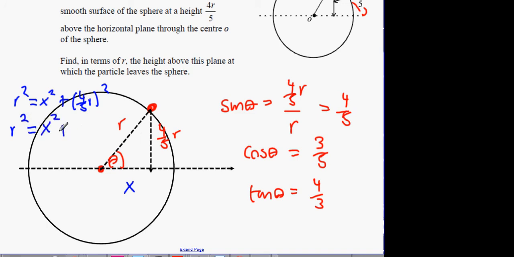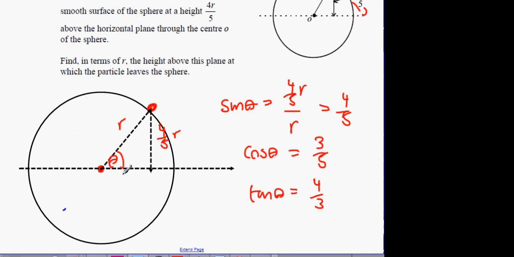Bring the 16 over 25 r squared over to the other side, you're going to get 9 over 25 r squared equals x squared, and then x is equal to 3r over 5. Okay? So that will give us our 3r over 5 located here.